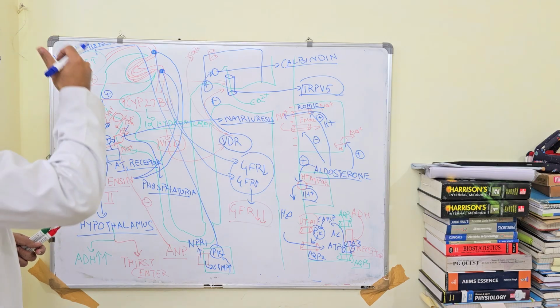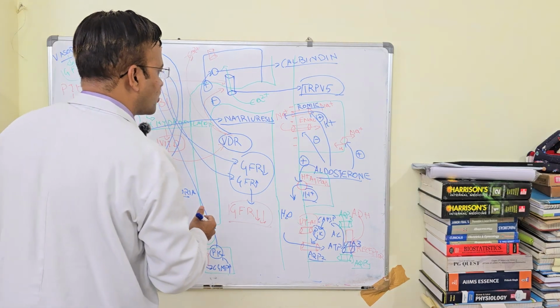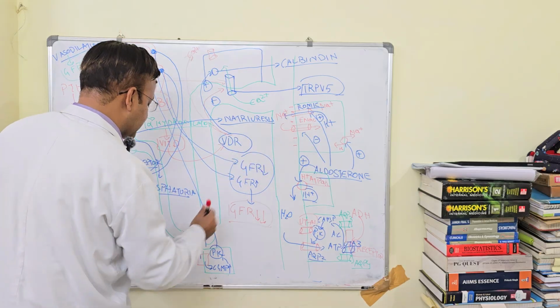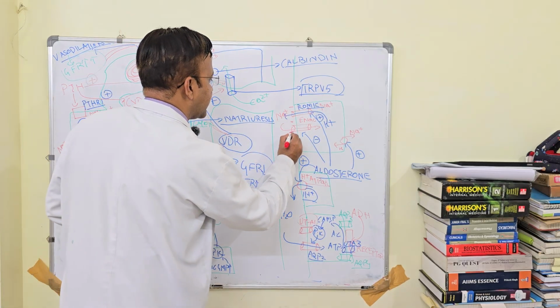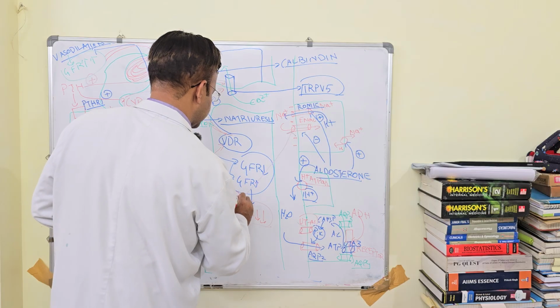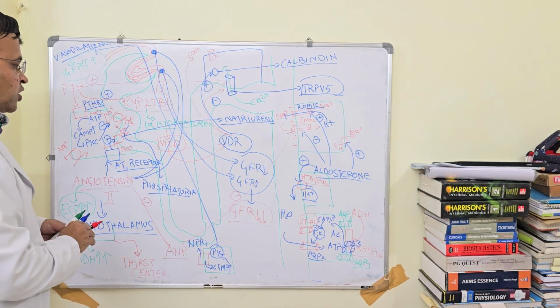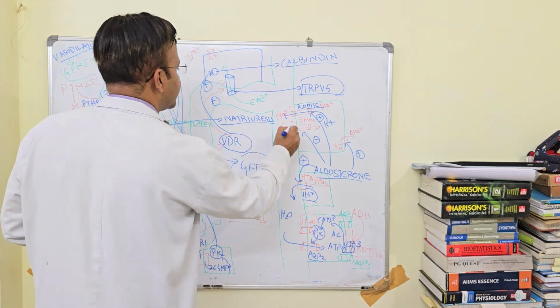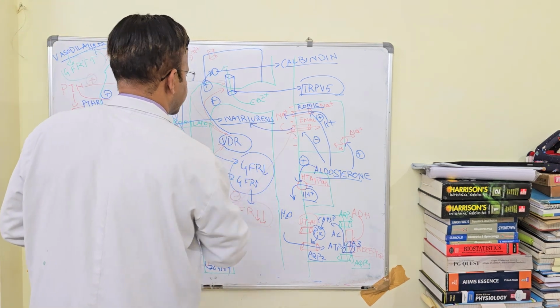Apart from that, your ANP is also going to inhibit your ENaC channels. Now, if it inhibits your ENaC channel, what will it lead to? It will again lead to natriuresis.